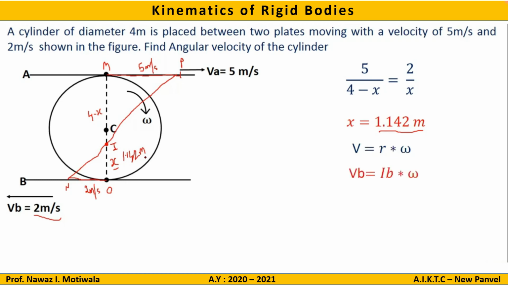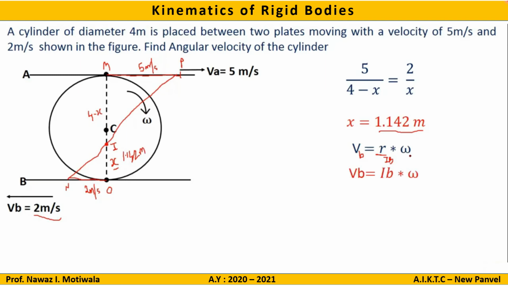Now we want to find the angular velocity of the cylinder. I have the relation V equals R omega. In the previous case we solved by taking A as reference. Now let us say I am solving by taking B as the reference. You can take anything. If I take B, R will be from I to B, and omega will be omega itself, because there is only one body.